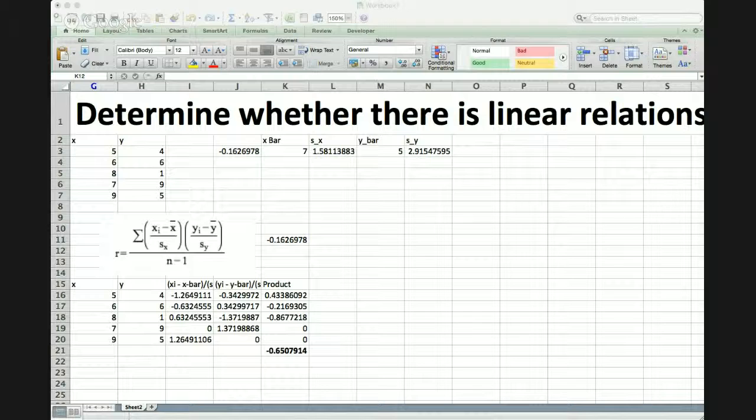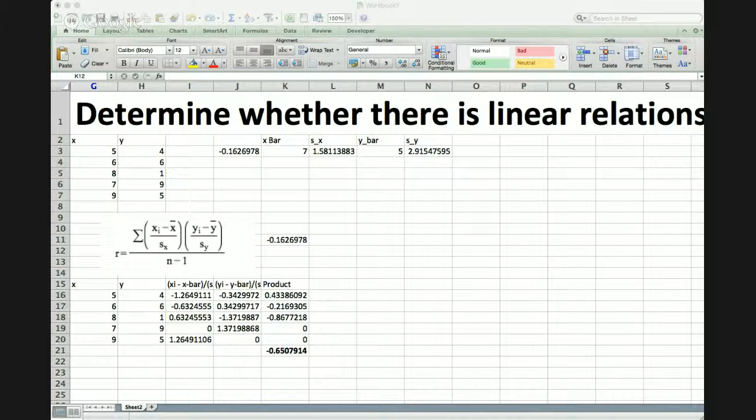When r is closer to +1, that's strong evidence of a positive association, and when r is closer to -1, that's stronger evidence of negative association. If r is close to 0, then there is little or no evidence of a linear relationship between the two variables.